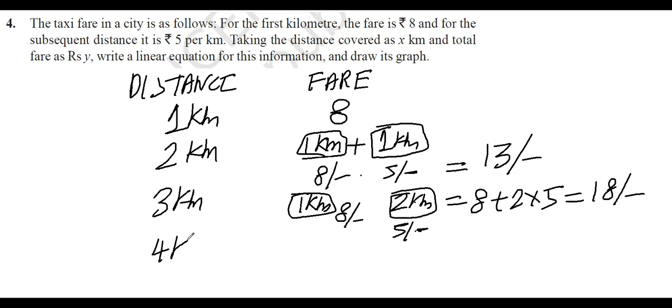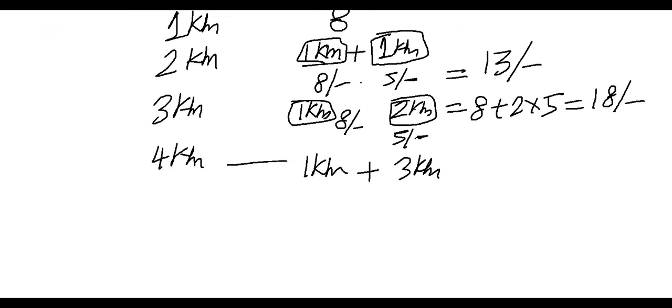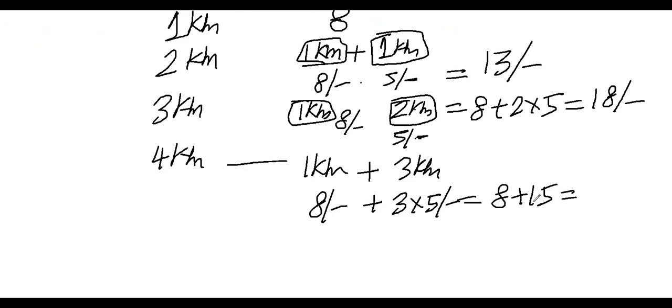Then 4 kilometers, again this will be divided into 1 kilometer plus 3 kilometers. So 1 kilometer will be charged 8 rupees, and 3 kilometers will be charged at 5 rupees per kilometer. So this will be 8 plus 15, which comes out to 23 rupees.